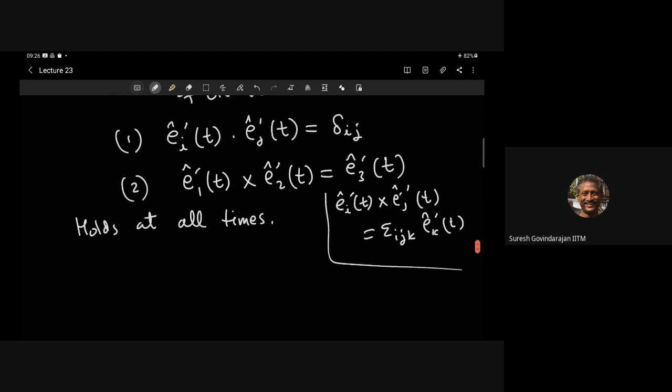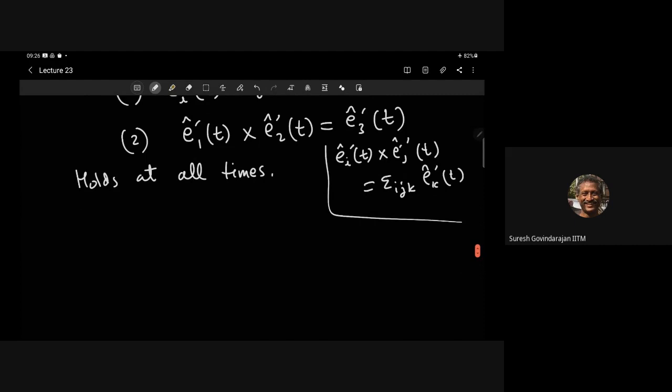What I want to show is that we will associate a vector with such a thing.